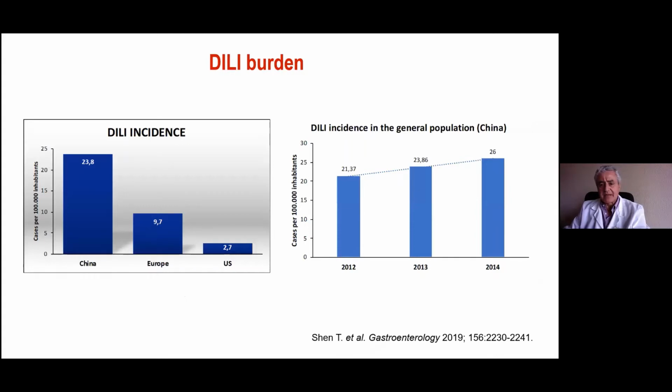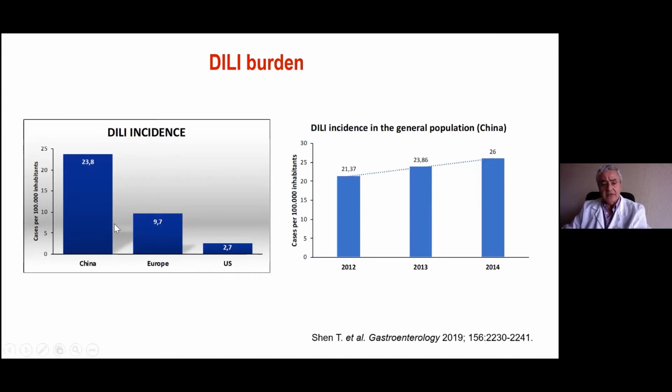The incidence of DILI is really not well known. You can see in the right part of the slide that in China, it has been reported to be more than 33 cases per 100,000 inhabitants per year. In Europe, a calculated average incidence is roughly 10 cases per 100,000 inhabitants per year, and the lowest incidence has been reported in a population-based study in the US, in Delaware, 2.7 cases per 100,000 inhabitants per year.